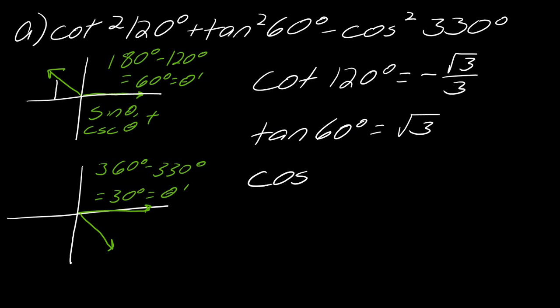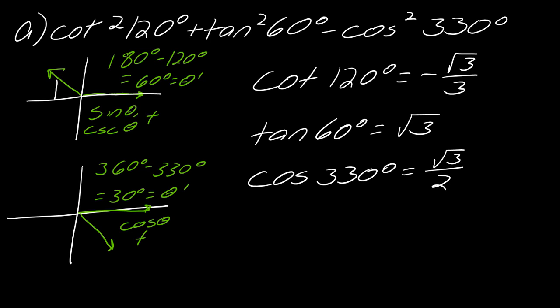And then cosine of 330 degrees, so since I'm in the fourth quadrant, so remember all students take calculus, so in the fourth quadrant, cosine is positive. So I'll just note that right there. So for cosine of 30 degrees, this is square root of 3 over 2.